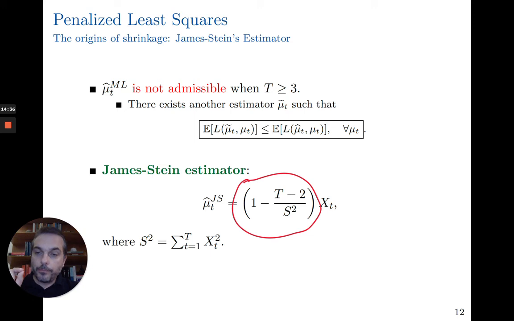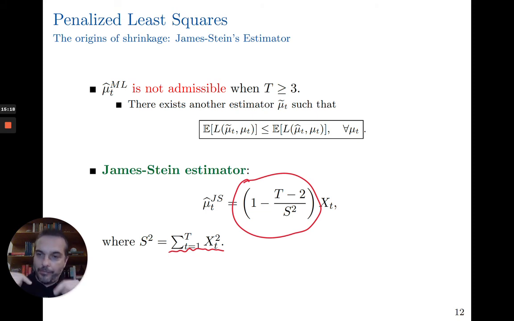The sample is independent. The variables are independent, where each variable has its own mean. So, is it natural that including observations of the other variables, because now here we include the observations of all the other variables, when including this information, it improves the estimator? What is the explanation for this contradiction?